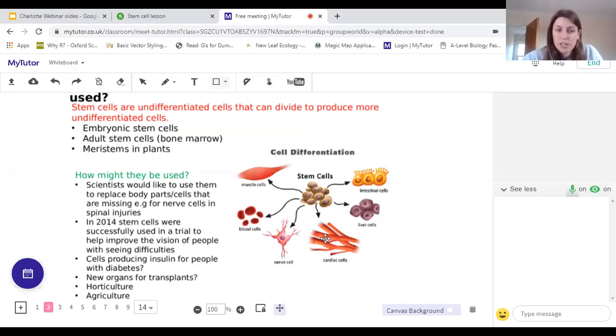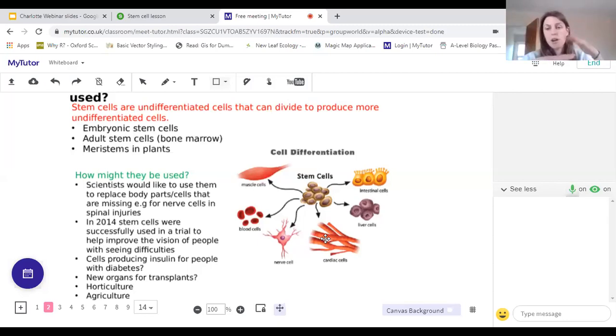So embryonic stem cells can differentiate into any type of cell, whereas adult stem cells from the bone marrow can only differentiate into certain sorts. And yesterday we mentioned that red blood cells are one of those types of cell that adult stem cells can turn into.